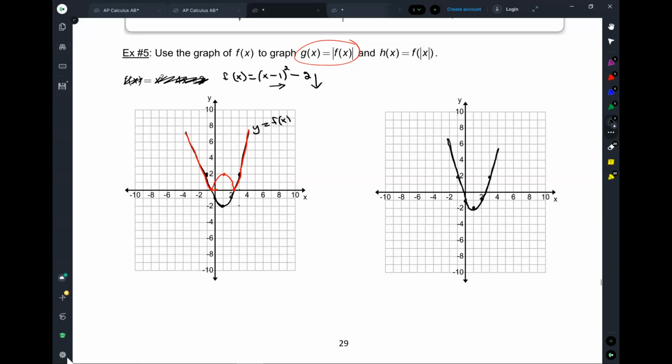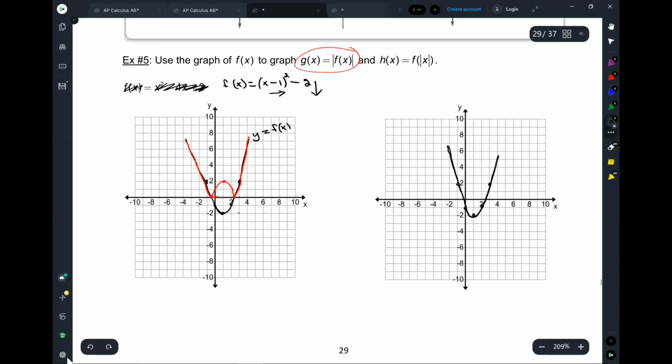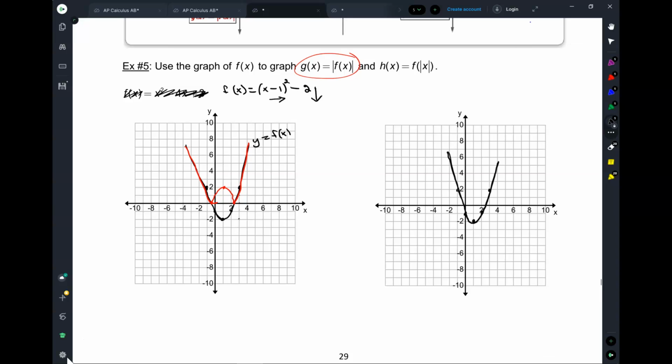The part that's in the negative x section will go away, and then it'll be mirrored from the positive. So the part that's in the negative x will go away. So hang on, let me start over here. That's what we had before, right? Anything that has a negative x value will go away. And whatever's left on the positive x's is going to get mirrored over.